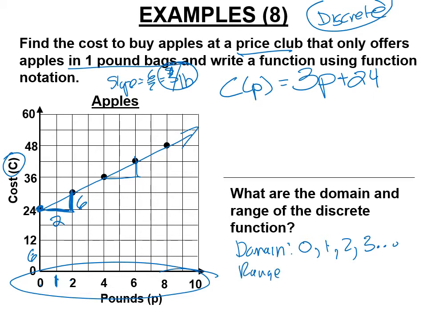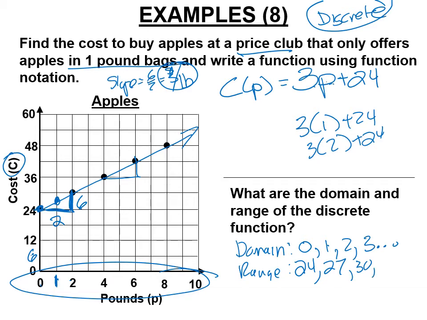The range here, you're going to pay $24 if you buy none. Then what's next, right? They're $3 per pound. So the next number on the list is 27, right? And the next number on the list, add another 3, is 30. We're going up by 3s. So that is our range of the discrete function, right?